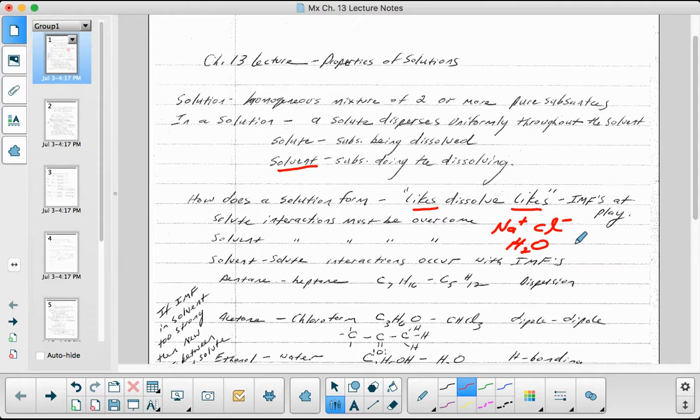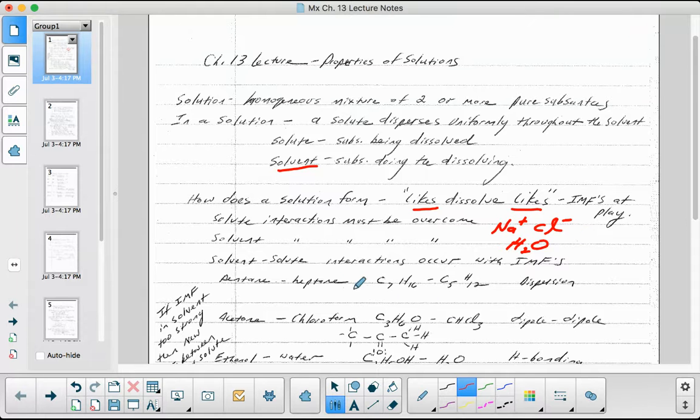There's an example of likes dissolve likes. Or think about oil and water. Oil will not dissolve in water because oil is nonpolar, while water is very polar because of its hydrogen bonding.